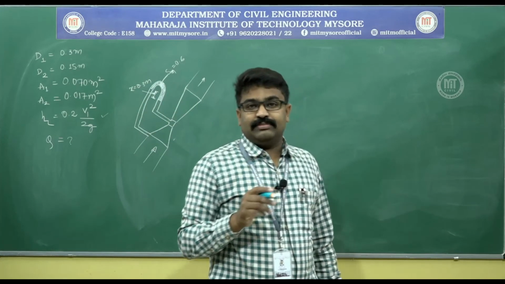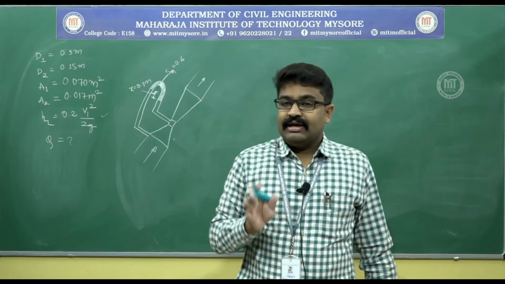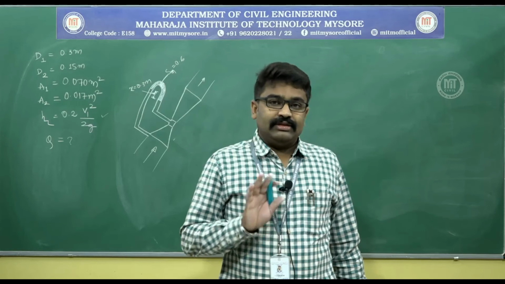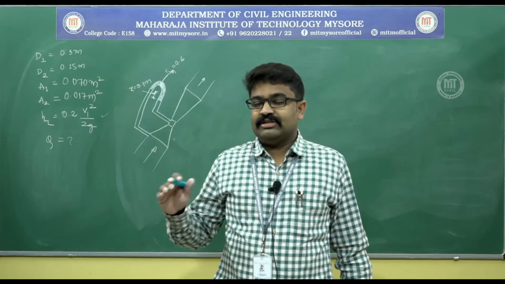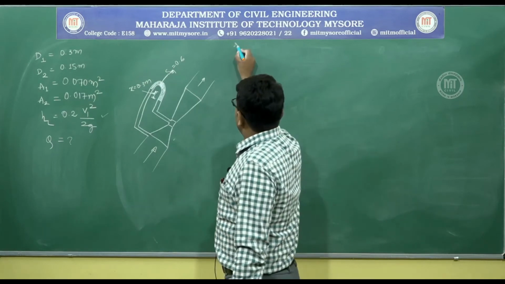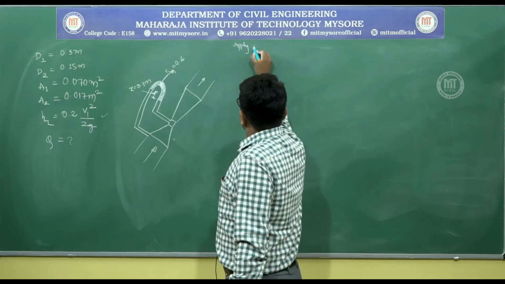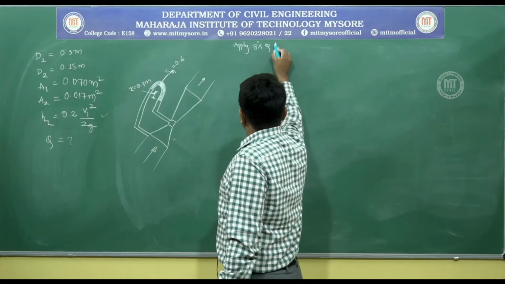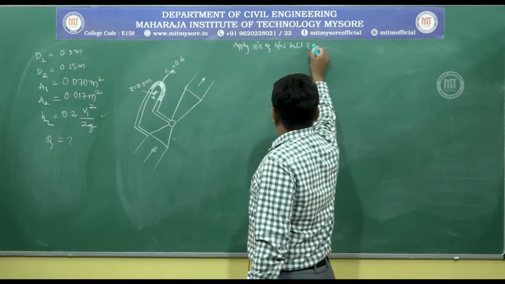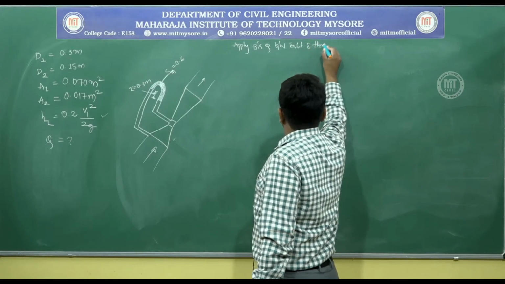But be very careful, he has mentioned to you about loss. Once head loss is mentioned, you should be very, very careful. How do I include head loss in it? The safest method is to apply Bernoulli's equation between inlet and throat. That is what I am going to do now. Apply Bernoulli's equation between inlet and throat.